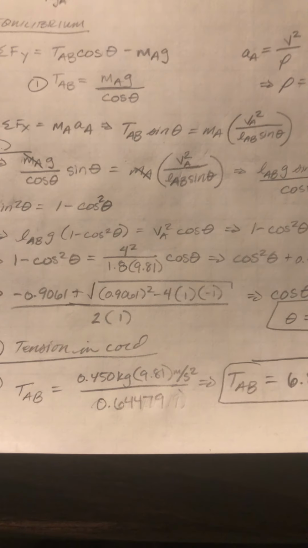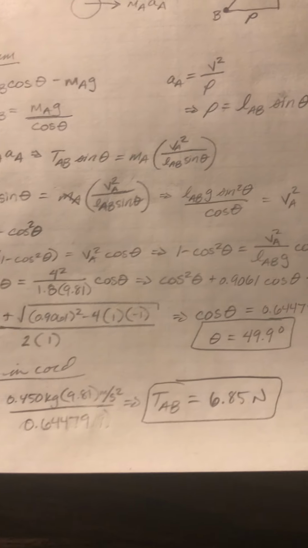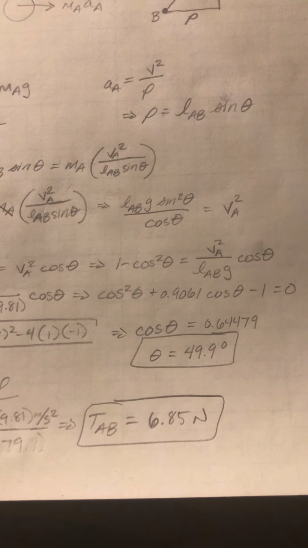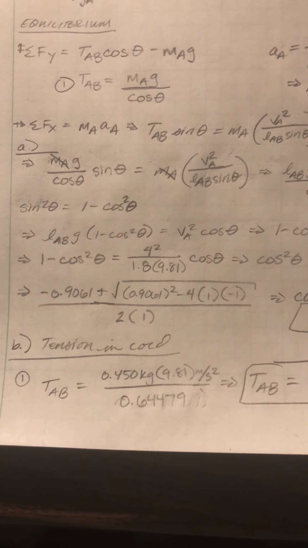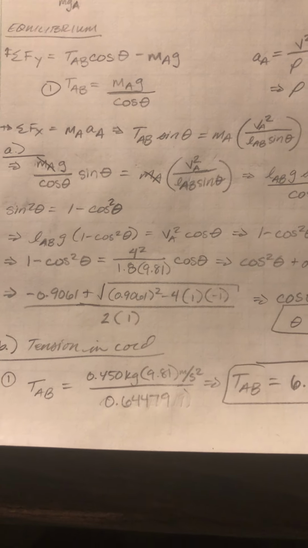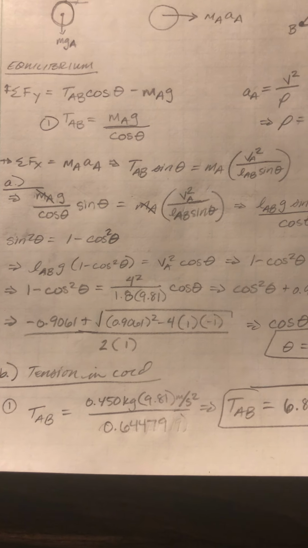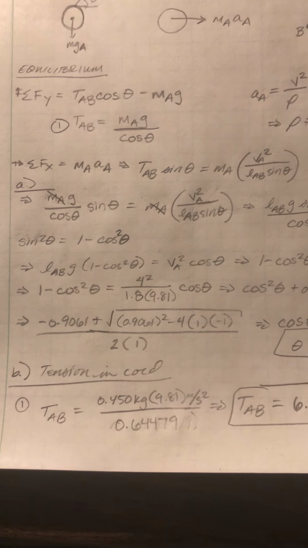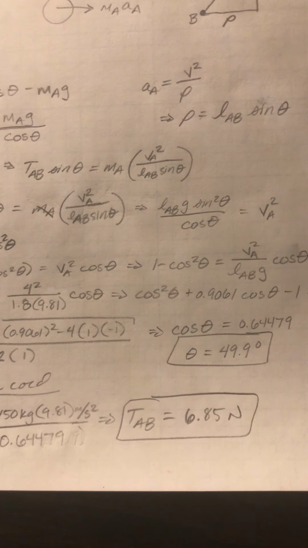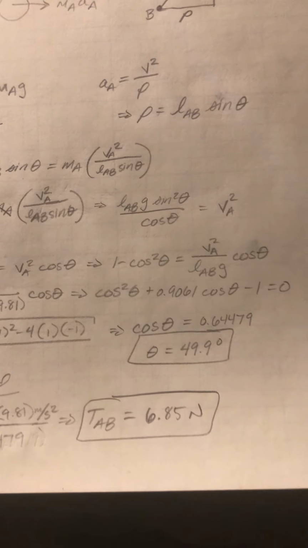Plugging that into the quadratic formula, we find that theta is equal to 49.9 degrees. And using that, we're able to find the tension in AB that we've solved for that equation earlier, and we get the tension is equal to 6.85 newtons.